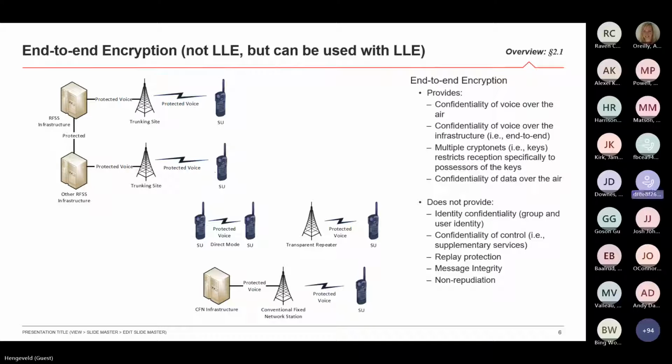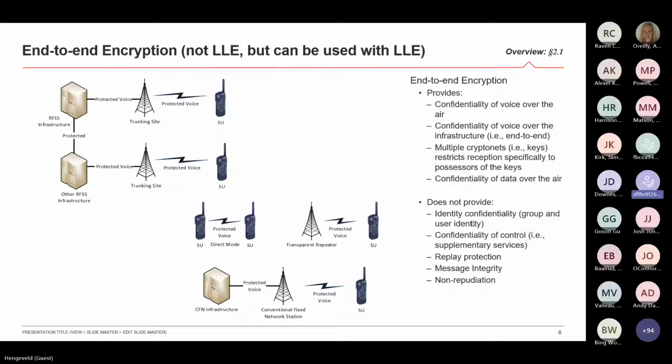What end-to-end encryption doesn't do is to protect identities. In the legacy systems, in current P25, your identity is what gets you access to the system. So you have to broadcast that in the clear because there's no key that's shared between the radio and the site, or between the radio and a conventional fixed station.